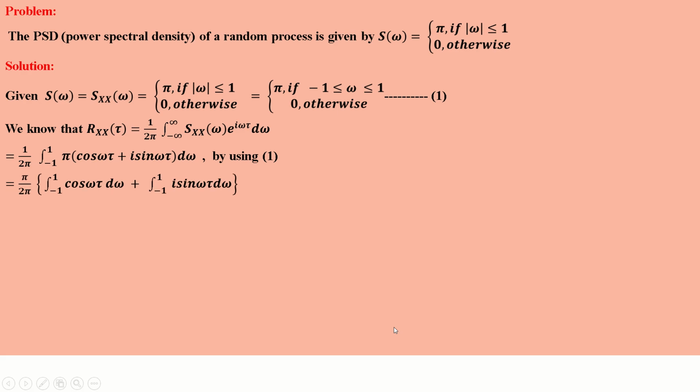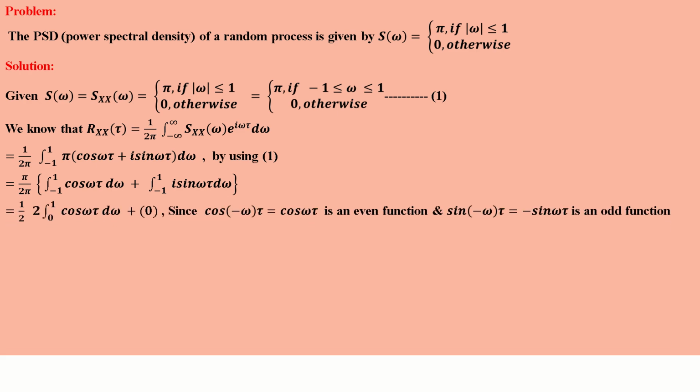So splitting the integral into two and taking π outside, we get π/2π ∫ from -1 to +1 cos ωτ dω + ∫ from -1 to +1 i sin ωτ dω.